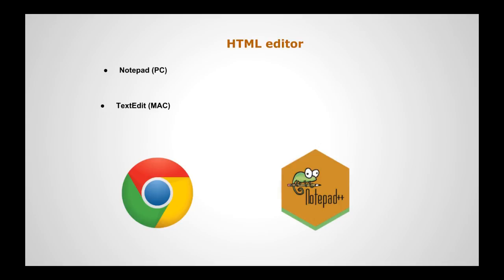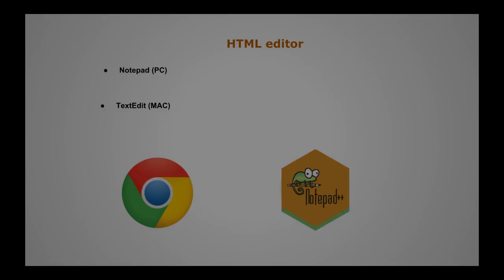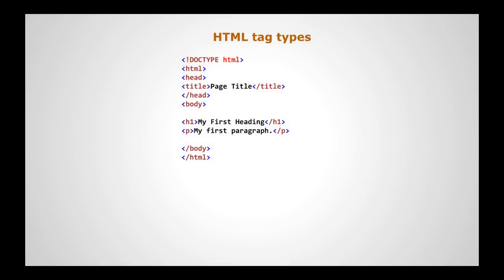Now let's define some keywords that we will be using throughout this series of lessons. The first keyword is HTML tag. Everything that you see in brackets are called tags. There are two types of HTML tags.